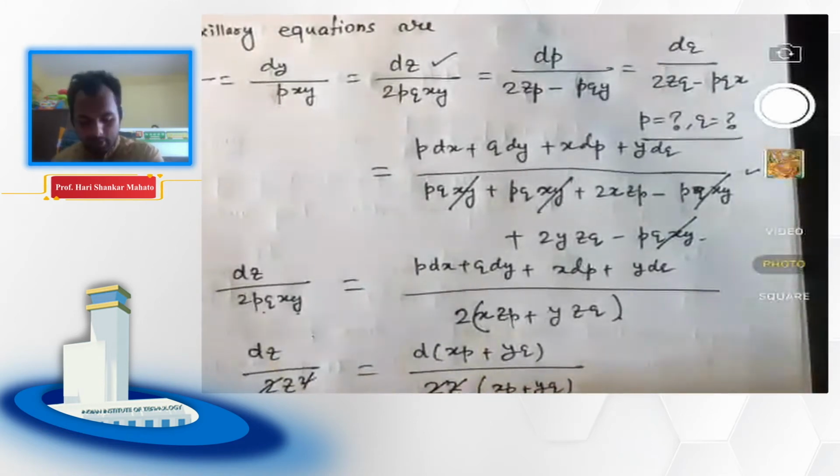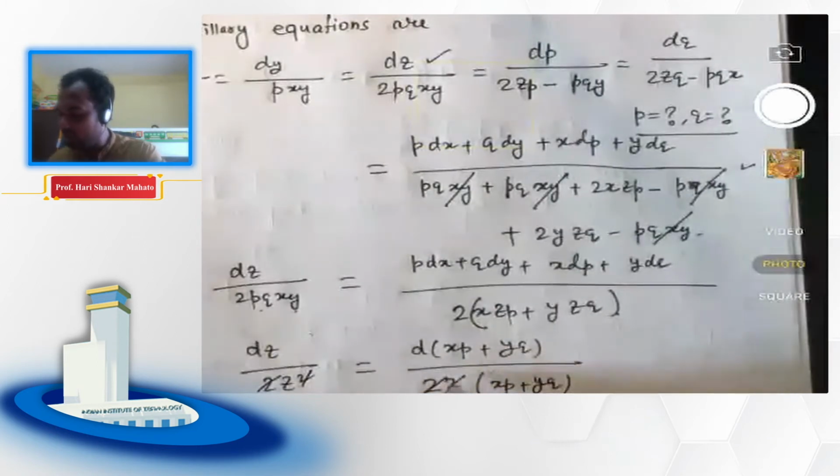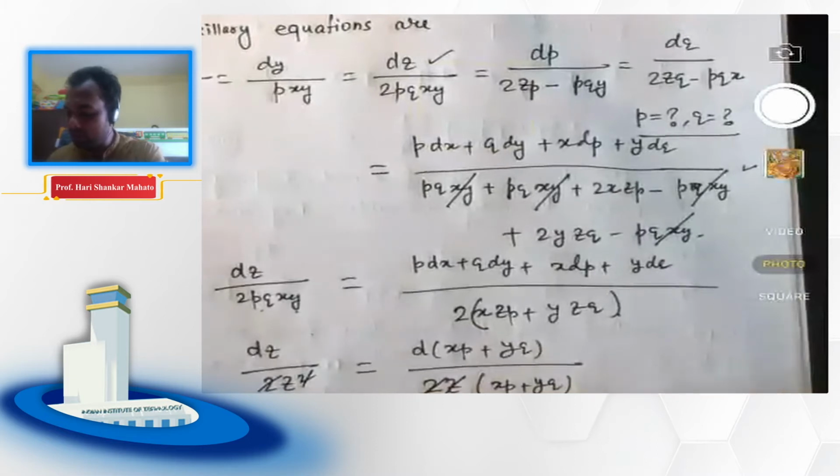If we integrate both sides, then this one will give you log of z, and this one will give you log of (xp plus yq) plus log of c. So ultimately we will get z equals a times (xp plus yq).